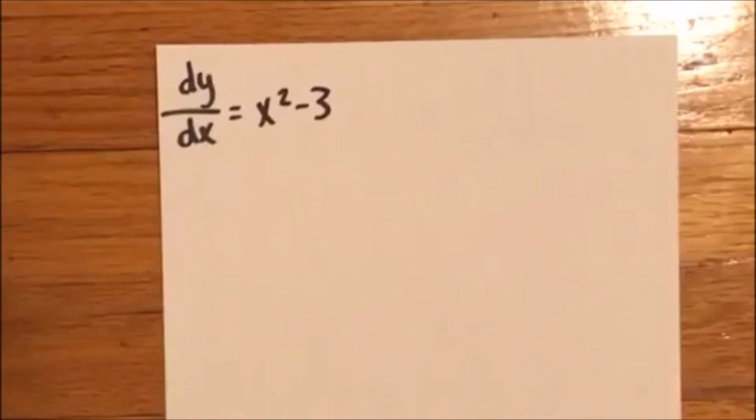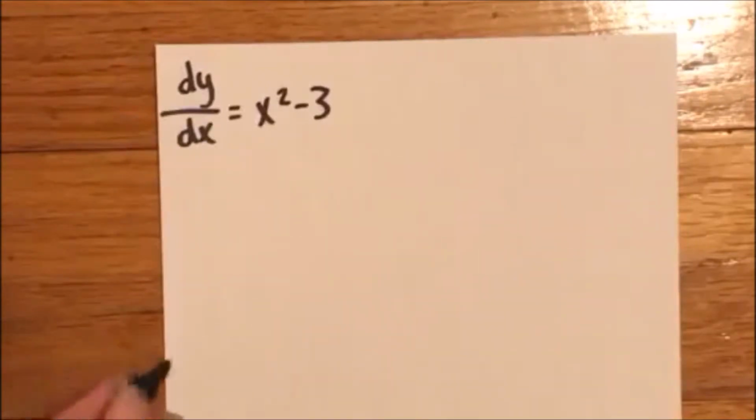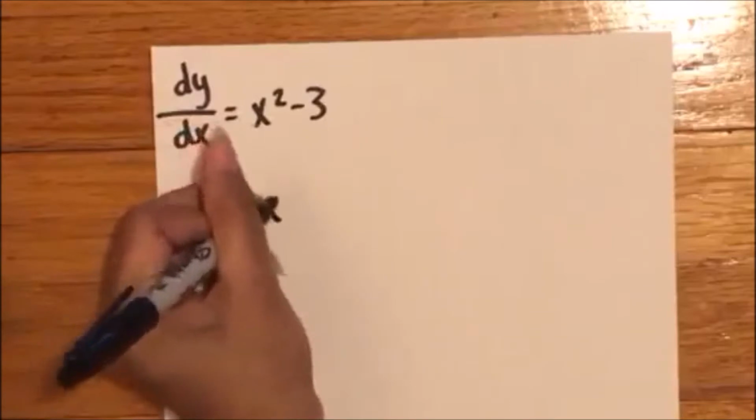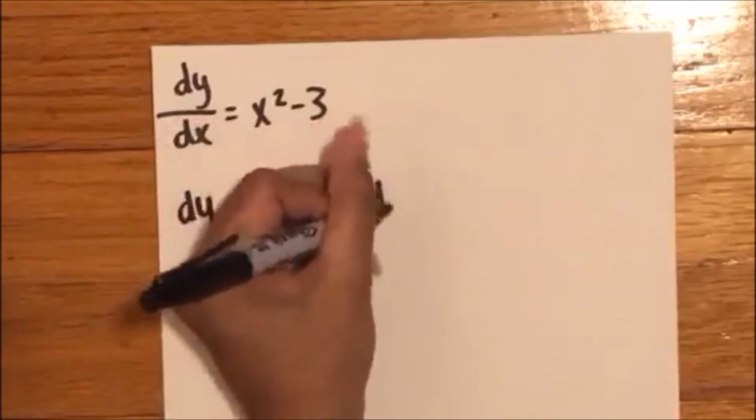For example, take the following differential equation: dy over dx equals x to the power of 2 minus 3. To solve this, first we must move all of the same variables to the same side. So to rewrite this, it will be dy equals x to the power of 2 minus 3 dx.